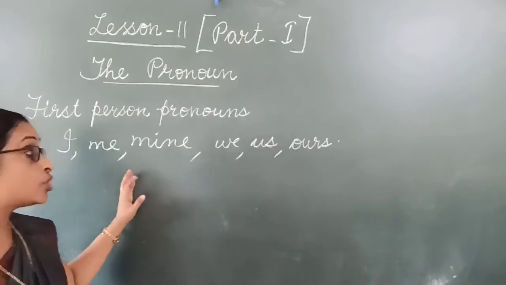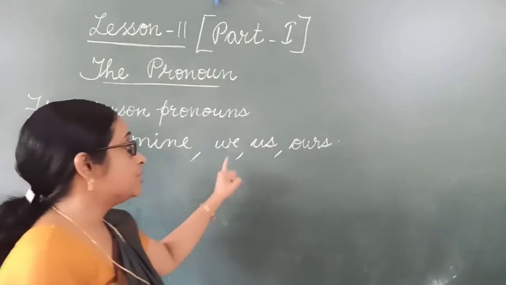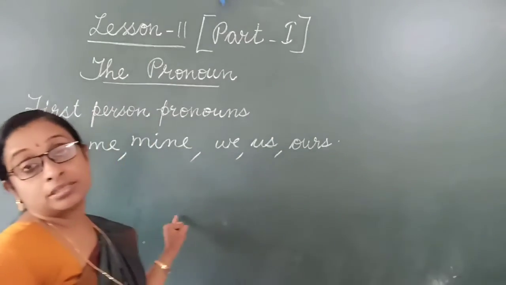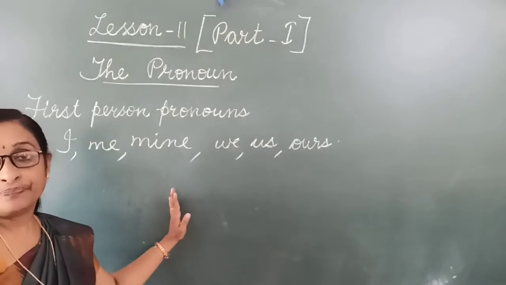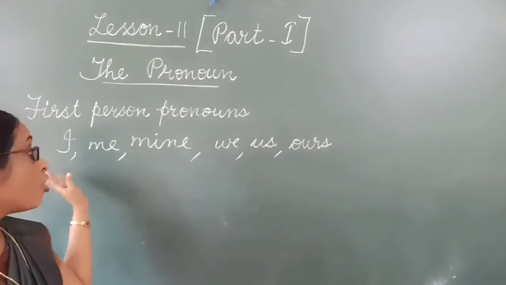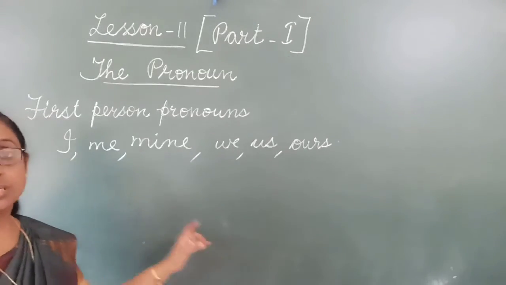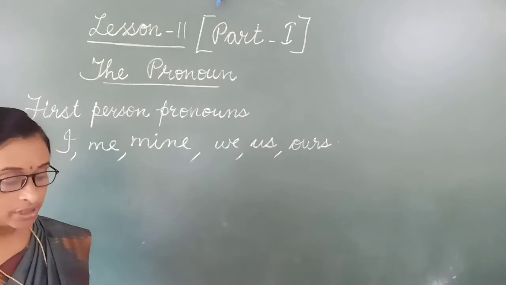Children, read this once more. I, me, mine, we, us, ours. These are called first person pronouns. All these words are pronouns, and these words are called first person pronouns.